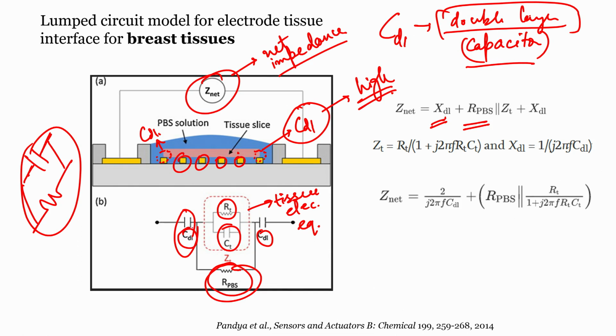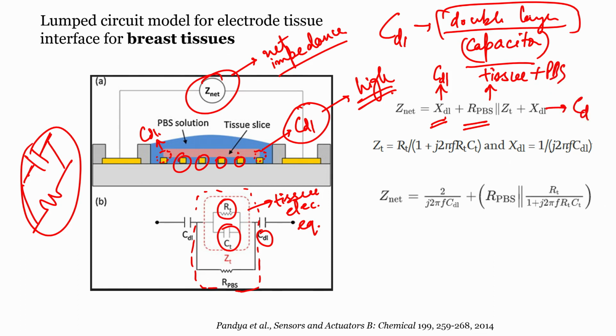Since it is a capacitor, it will just have a reactance, and then you will have in addition this entire thing, which will be in series with this double layer. So that is why this is caused by CDL, this is your tissue plus PBS, and this is again CDL.